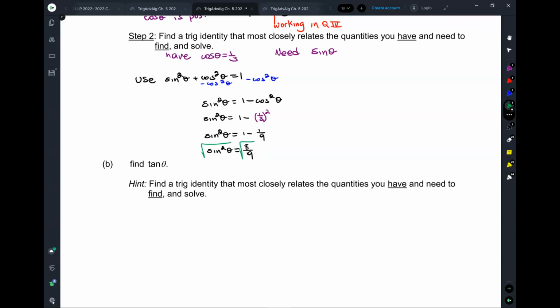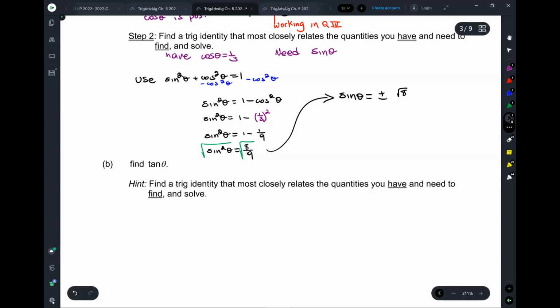Now I'm going to take a square root of both sides. So sine of theta is equal to, when you take a square root, plus or minus root 8 over root 9. Whenever you take a square root of both sides, it's always plus or minus.